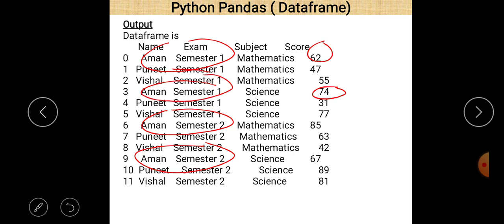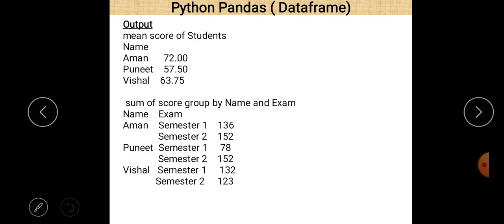These are 85 and 67. Okay, so this will be reflected here.